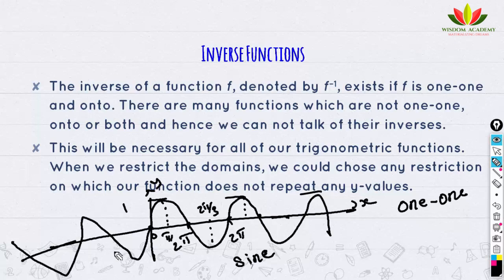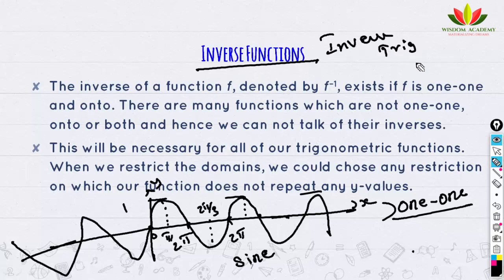Then how can it form an inverse function? It contradicts unit 1, right? Unit 1 says only a bijective function can form an inverse function. But I am going to use the term inverse trigonometric function, so a trigonometric function can have an inverse with some restriction. Now somehow I want to make this function bijective.